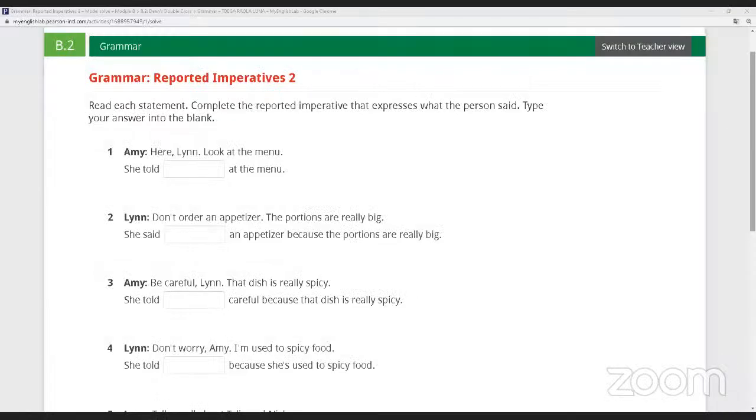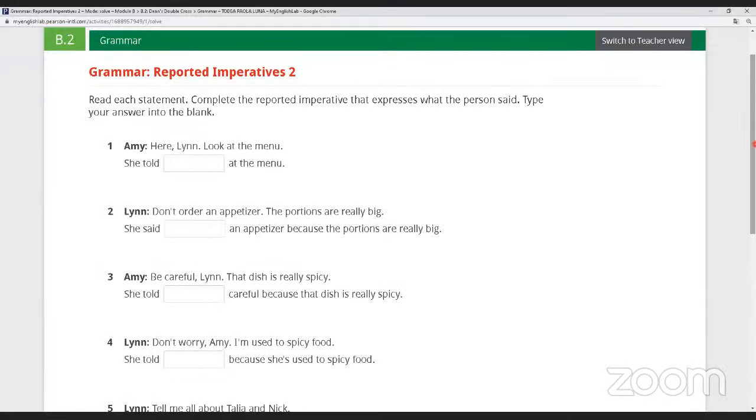So I'm going to share my screen with you. Can you see it? Yes. Can you please read the instruction? Read each statement, complete the reported imperative that expresses what the person said.